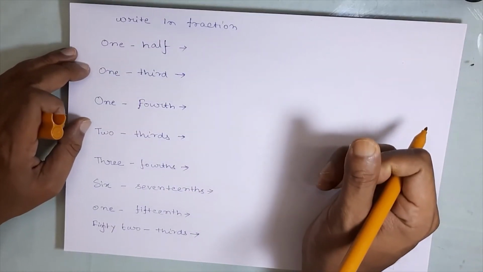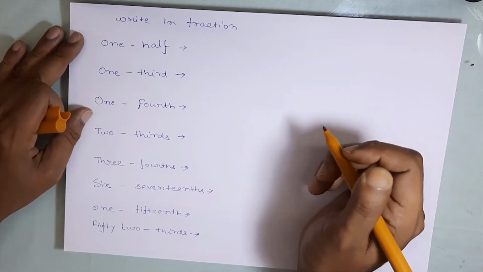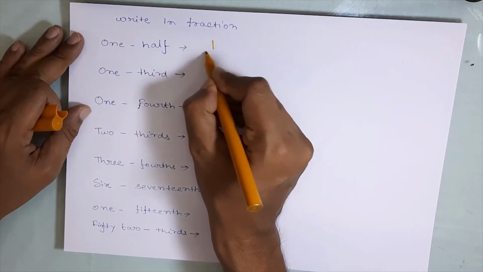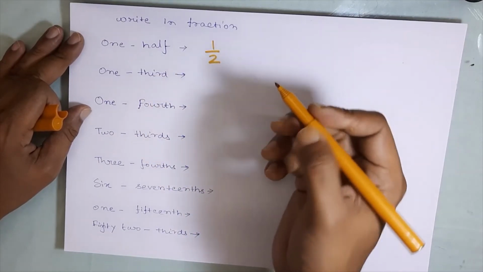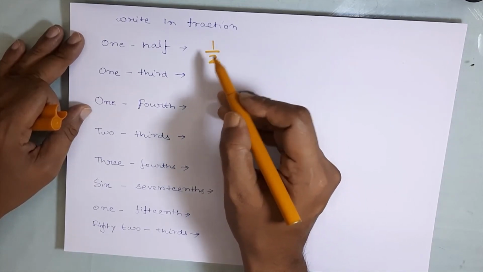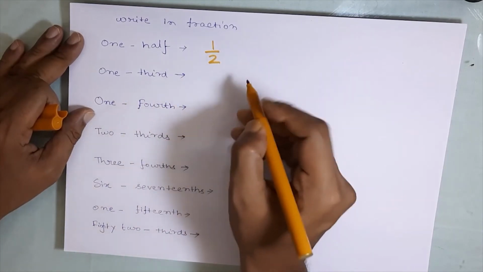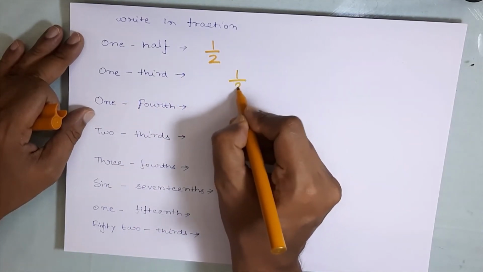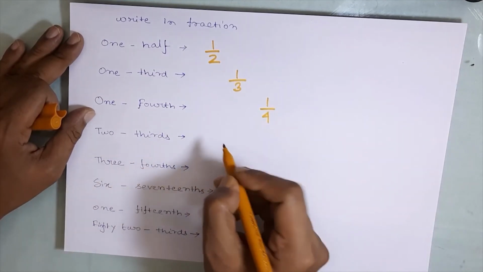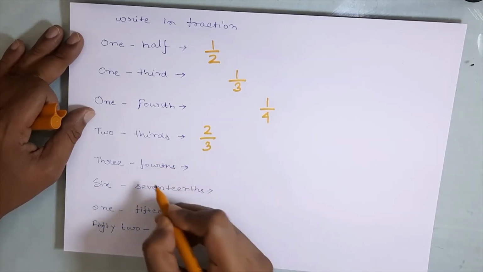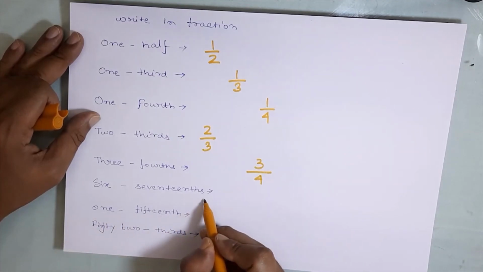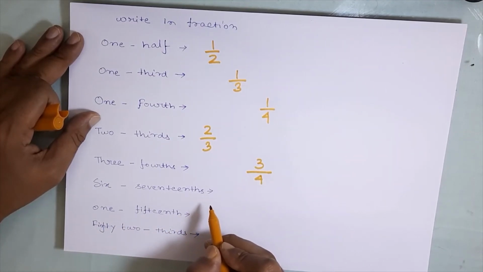So the same way we write in fraction, this is written in words. So one half is your proper fraction, and as the numerator is 1, it can also be called a unit fraction. One third, one fourth, two thirds, three fourths. Six seventeenths: how can we write it in fraction?